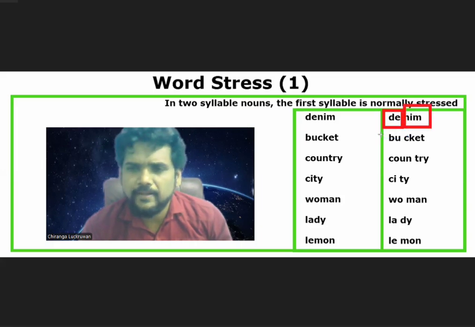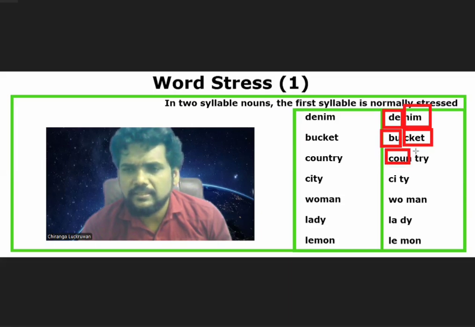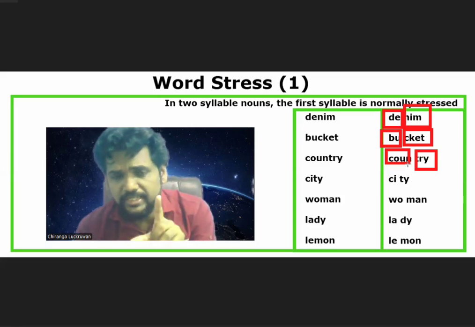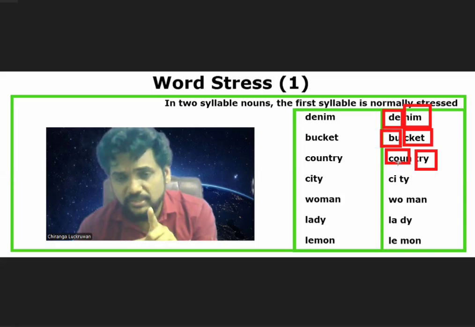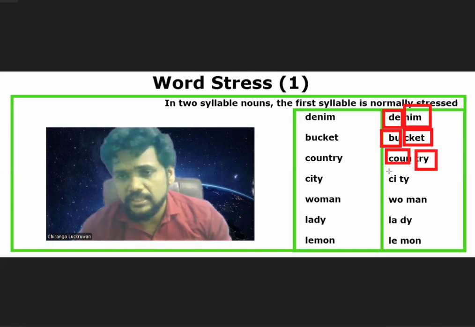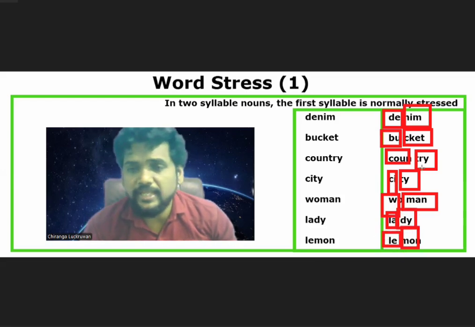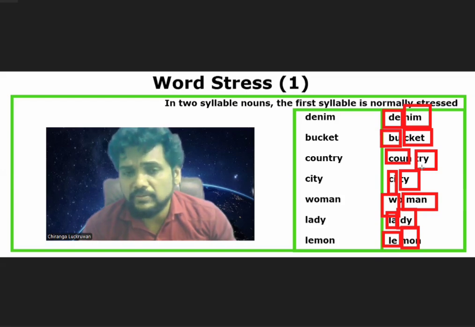No matter the number of vowels you have inside the syllable, we need the sound. In country, you have OU in that case, but the sound is a. So they are two-syllable nouns.